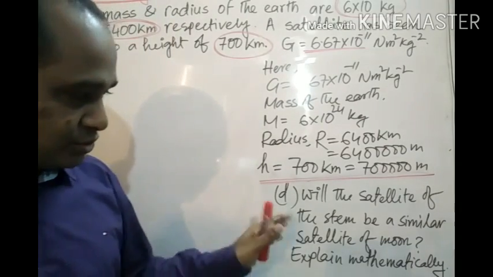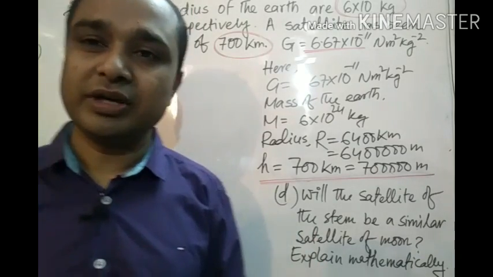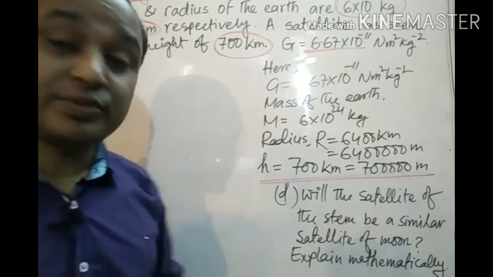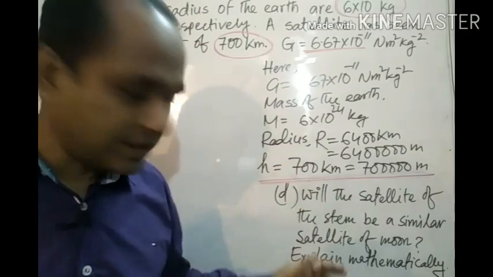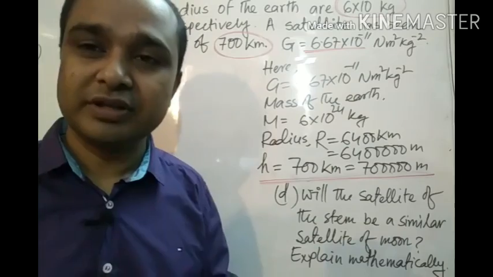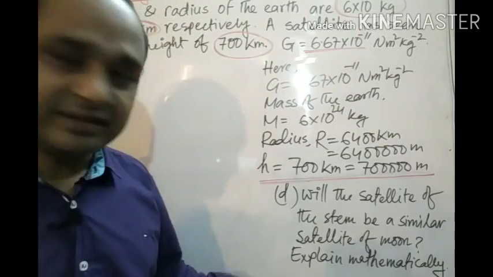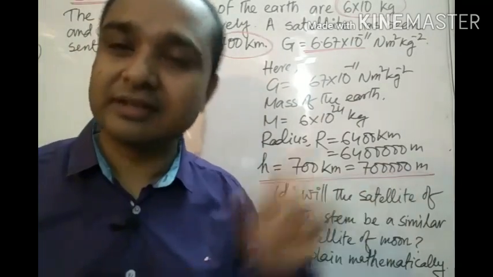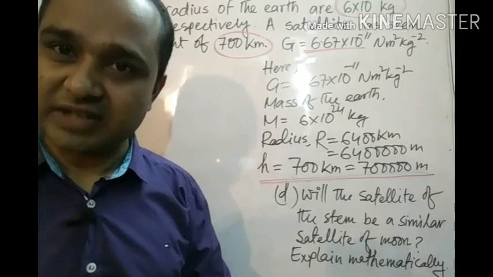Dear student, to verify this, we have to calculate the time period of this satellite. If the time period of this satellite and the time period of the moon become equal, then this satellite will be similar to the satellite moon, right?